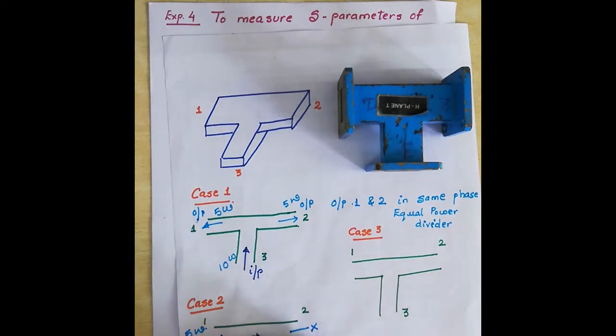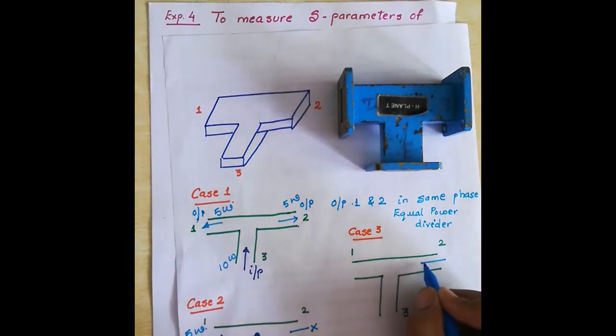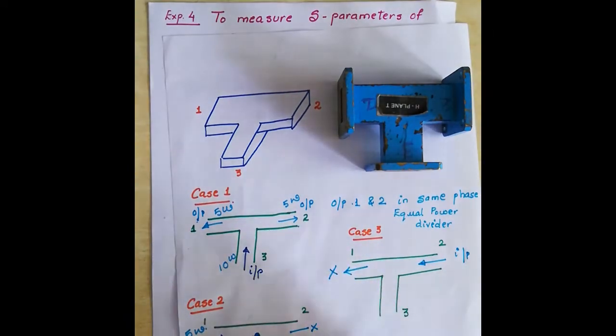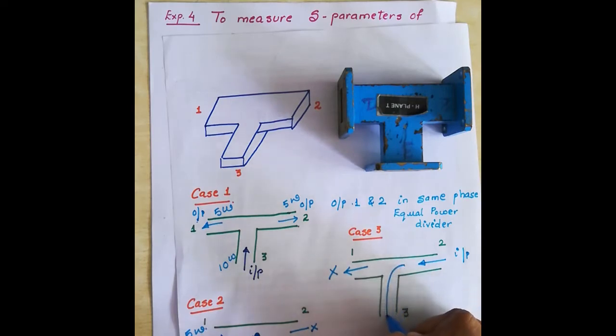Because at the junction all these ports are perfectly matched, and whatever power is given from port number 1 is obtained only from port number 3. We do not get output from port number 2. Let us go in reverse. If I give input from port number 2, I do not get any output from port number 1, but the output is obtained from port number 3 itself.